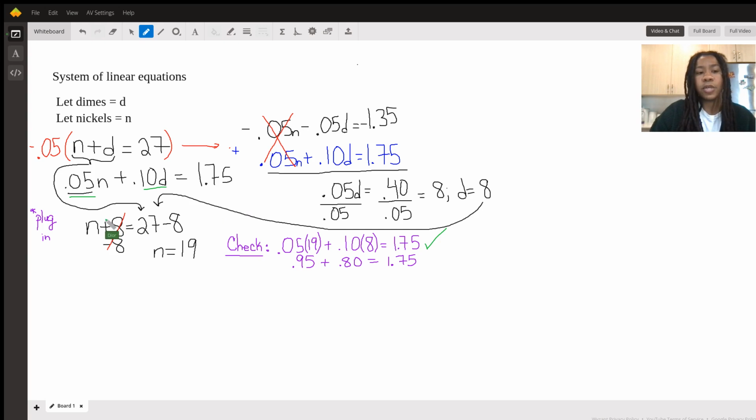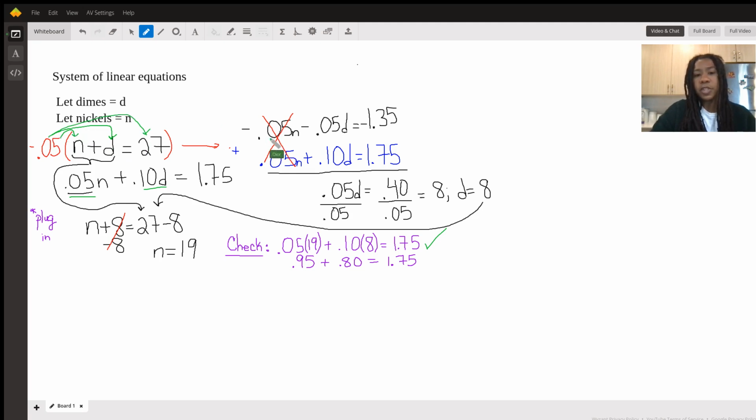I started with multiplying the top equation by negative 0.05 because we need them to cancel. If they're the same sign, they won't cancel out, they'll just add on to each other. Since that was the smallest term, I chose to go with that one. And when that happens, you have to apply that to each term. You have to distribute all the way over.